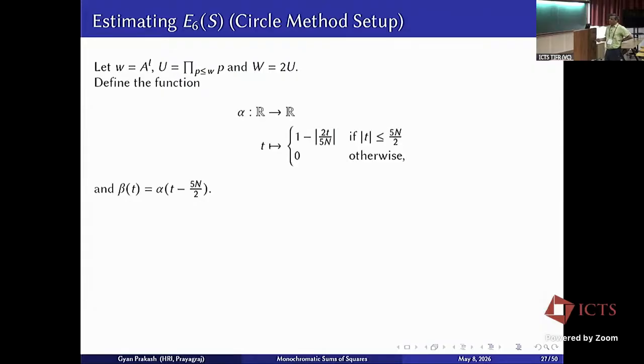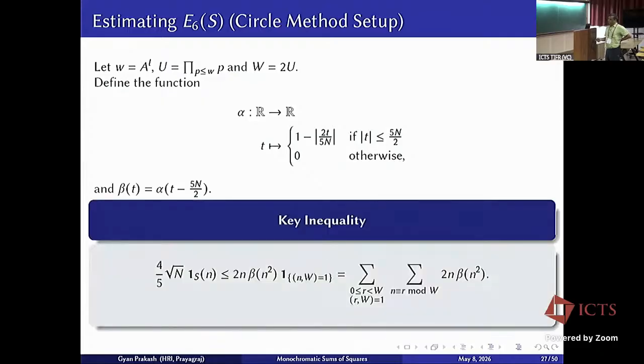So then define the function alpha from R to R, these things, T and beta this function. Then this function is basically, when the set of squares are between n to 4n, this function beta t will be taking the value at least 2 by 5.